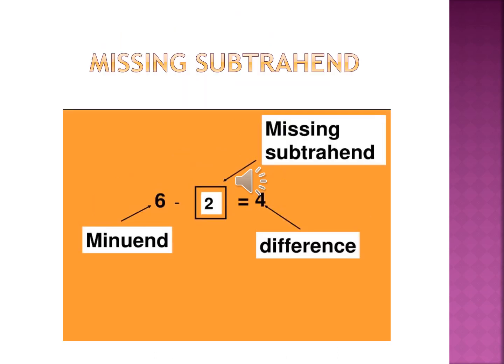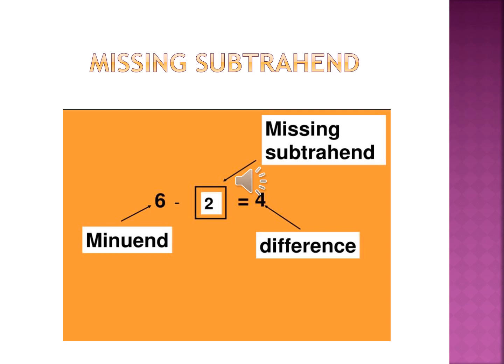Now what if the minuend or subtrahend is missing? Again, a very simple example. 6 minus dash is equal to 4. So you have to subtract 2 from 6 to get 4, right? So 2 is the missing subtrahend. Likewise, the minuend can also be missing.